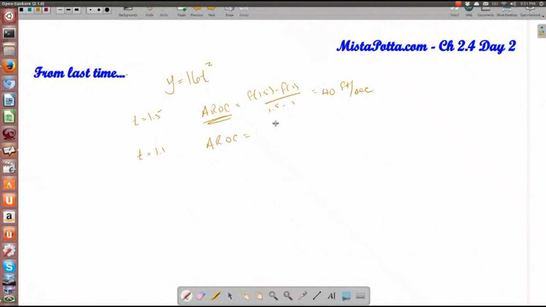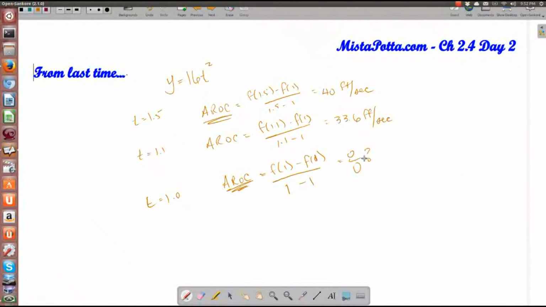And when I looked at what happened at t being 1.1, my average rate of change was my function at 1.1 minus my function at 1 over 1.1 minus 1. This came out to 33.6 feet per second. The question is, what happens at t equals 1? Because if I try to find the average rate of change again, I'm going to get f of 1 minus f of 1 over 1 minus 1.